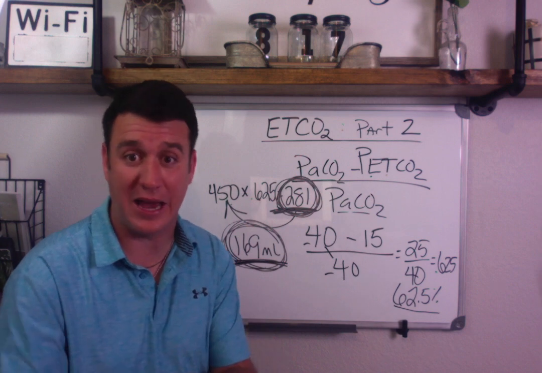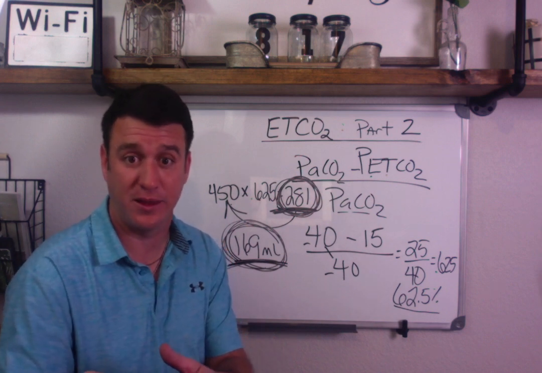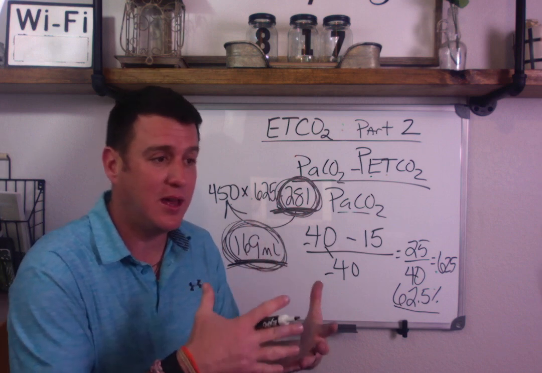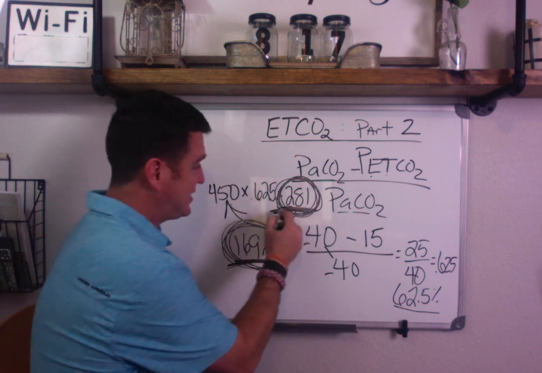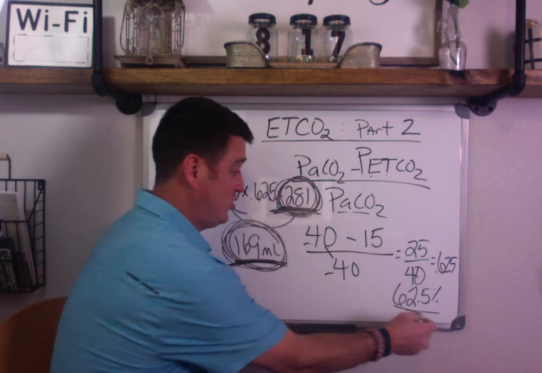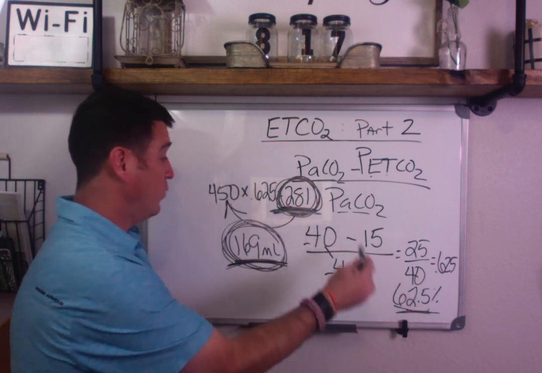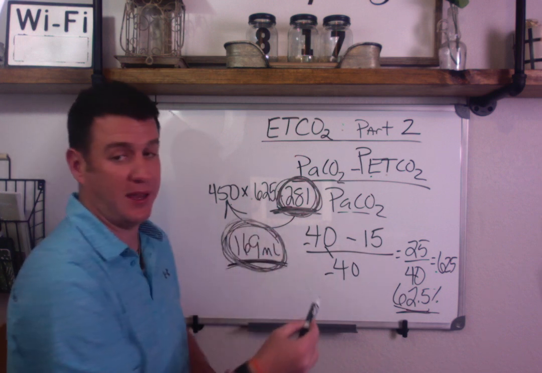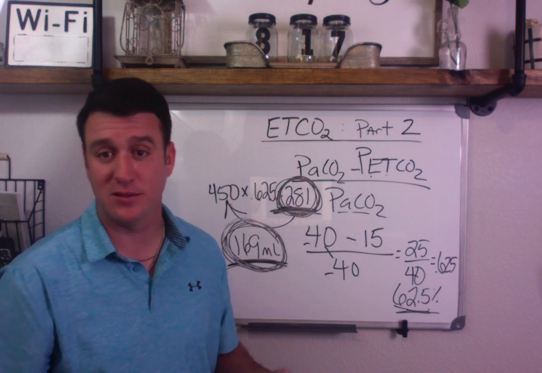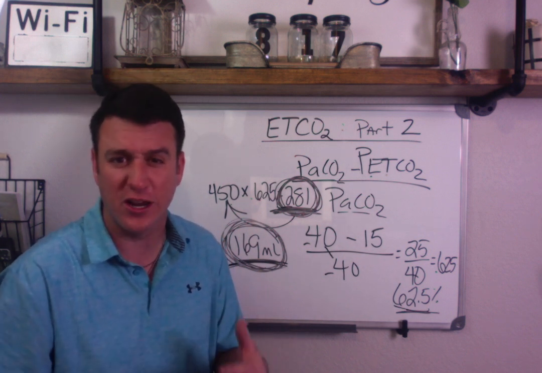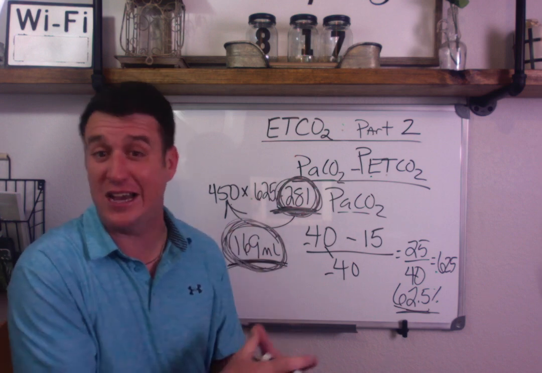Now, don't repeat alive space because it is not a technical term. But I like to get them to think about it in those manners where you go, okay, so this is dead space. It's not participating with gas exchange, 62.5%, which means that 169 mLs are participating, and that's my alive space, okay? Super cheesy, but it works for students to learn and understand what their effective tidal volume is.